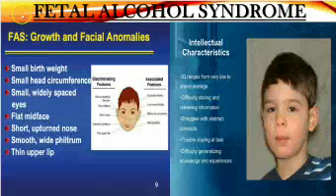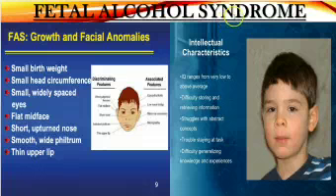Now, one of the effects of drinking during pregnancy, because alcohol crosses the placental barrier as other drugs do, is fetal alcohol syndrome, which is so common that we see.